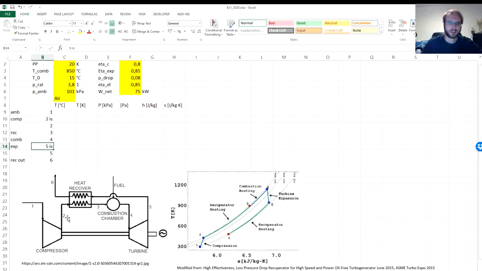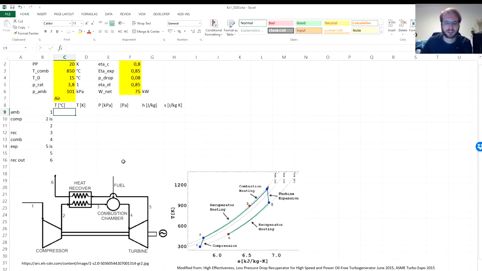Those will be ideal cases after ideal compression or ideal expansion, after the compressor or after the turbine, and those will be auxiliary parameters which will help us to calculate the real parameters at the outlet of the components.